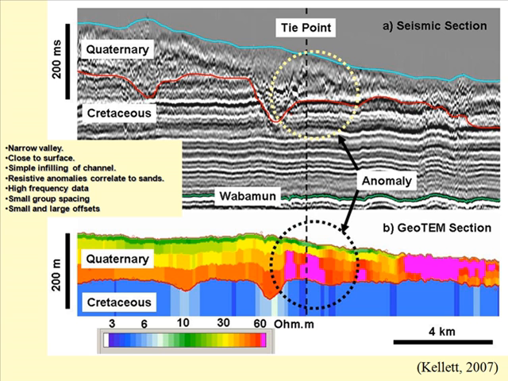So here's the geophysical data. On the top there's seismic data, and on the bottom there's electromagnetic data. So there's Cretaceous rocks, and then there's Quaternary rocks. The Cretaceous rocks you can recognize look to be flat-lying because the seismic reflections are flat-lying.